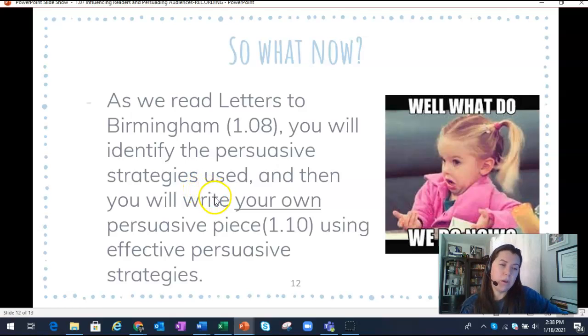So for 1.10, you're going to write a persuasive letter about something that you feel strongly about. So keep that in mind as we're looking at Dr. King's letters from Birmingham. Pay attention to what he's doing because you are going to write your own persuasive letter at the end of this week.